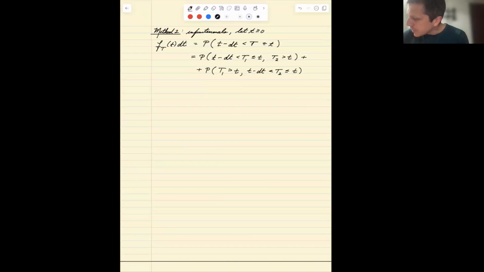In either case, what we end up with is a statement in terms of independent random variables, T1 and T2.